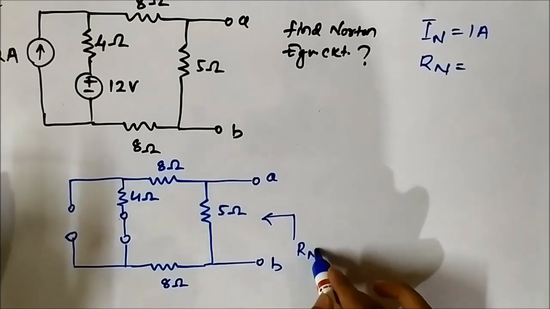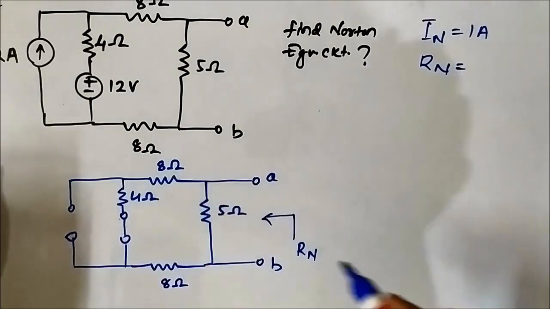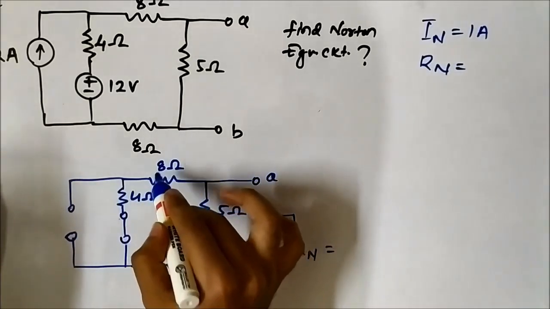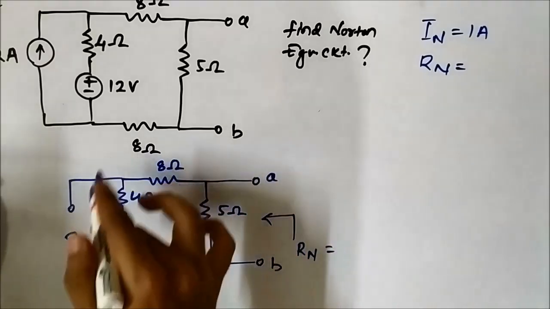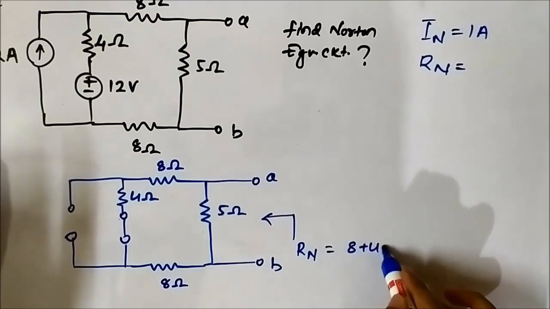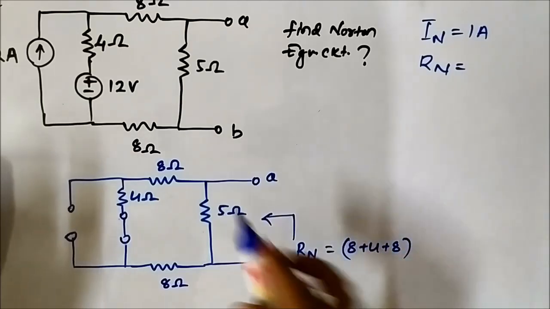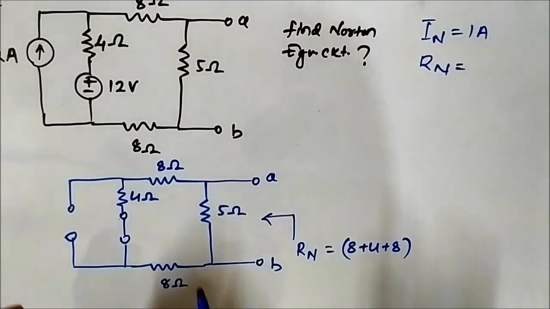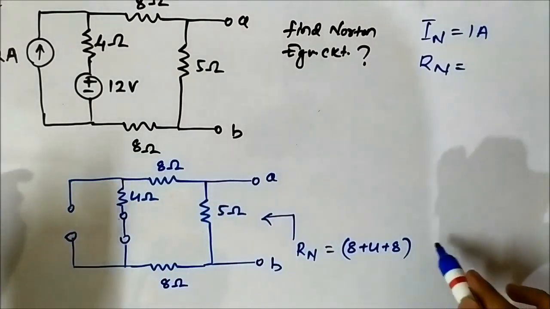Now the equivalent resistance here is 8 plus 4 plus 8, these 3 are in series, and this combination of these 3 resistors is in parallel with 5 ohm.